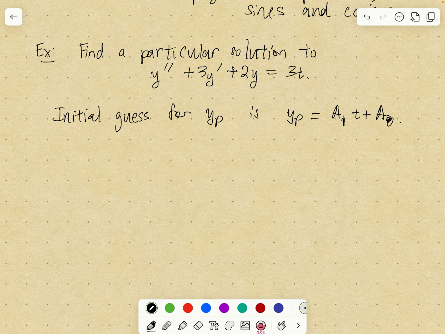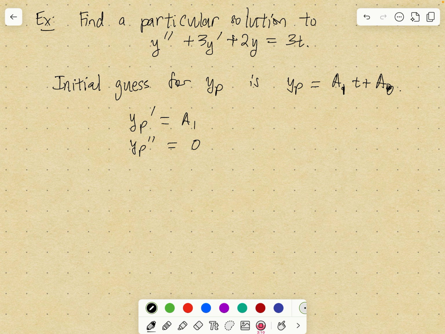Well, our yp prime is a1, and our second derivative is 0, right? So the left-hand side, yp double prime plus 3yp prime plus 2yp, is going to be 0 plus 3 times yp prime, that's a1, plus 2 times yp, which is a1t plus a0.